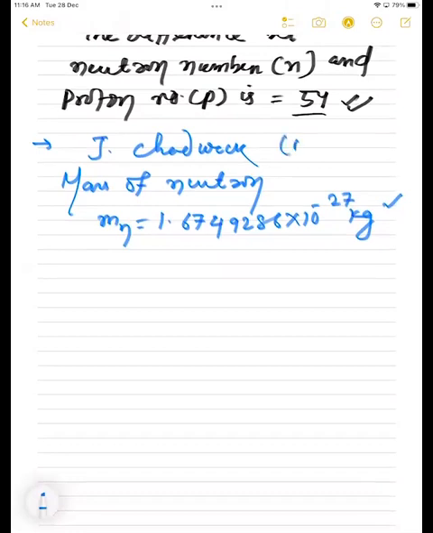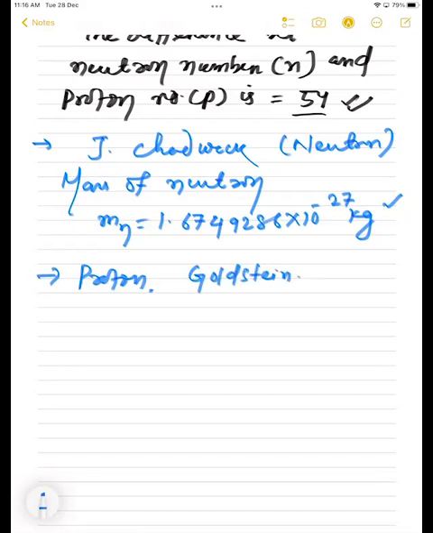This is about neutron. Neutron was discovered by Chadwick. Proton, the positive charge particle, was discovered by Goldstein, right? Just for information.